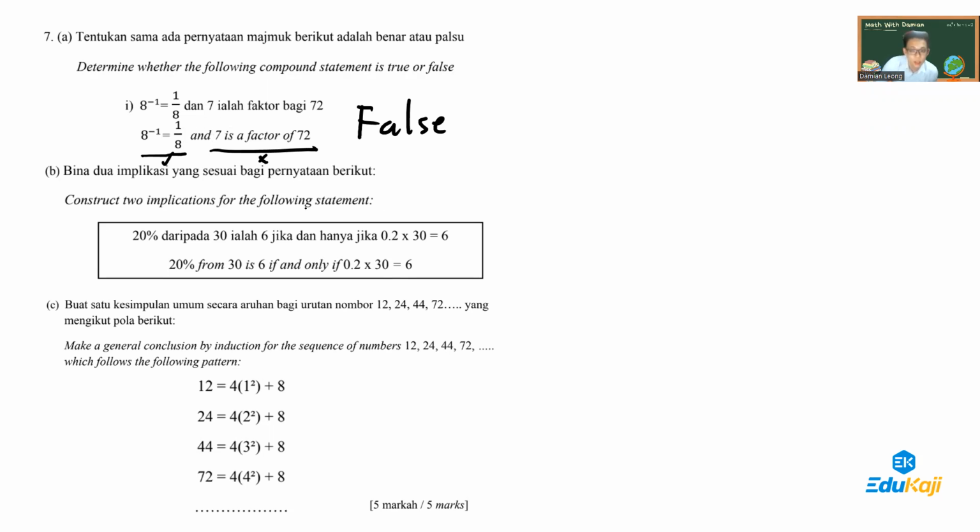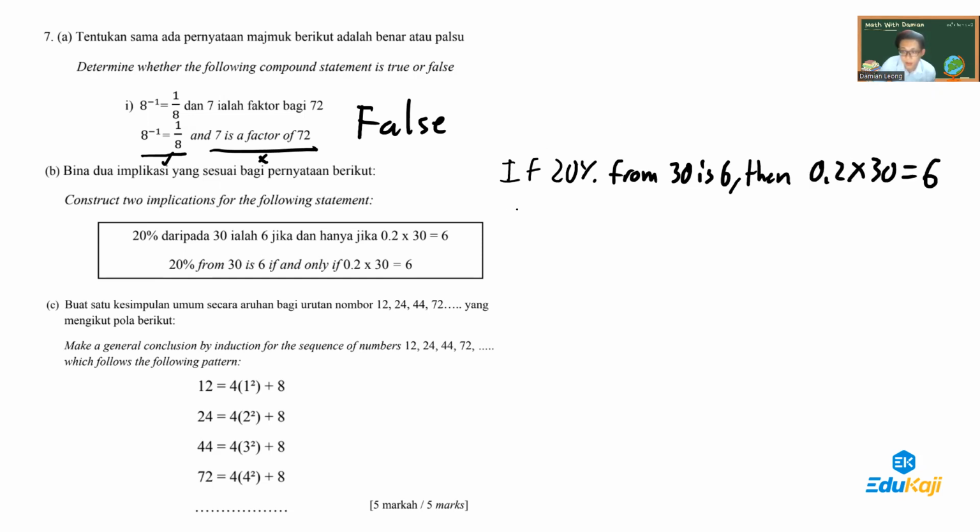Construct two implications from the following statement. For an if and only if statement, we construct two if-then statements, if-then implications, basically by switching the antecedent and consequent. Means if 20% of 30 is 6, then 0.2 times 30 equals 6.